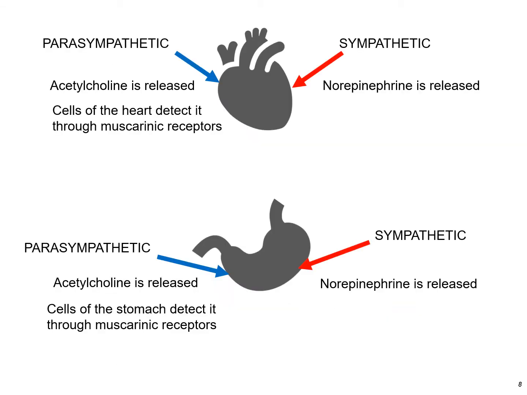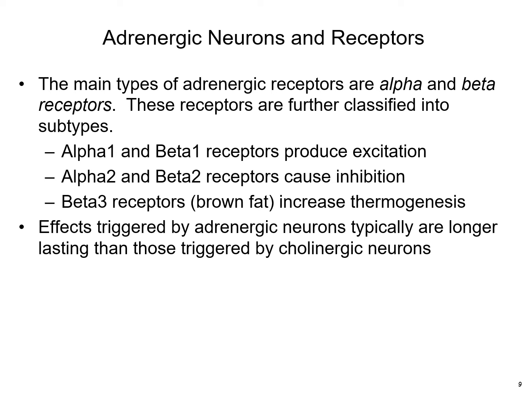So here's our starter situation. Yet again, no matter which organ it is, sympathetic nerve endings will be releasing norepinephrine when a nerve impulse is coming through here, whether it's a heart or a stomach. And here are the receptors. Some organs have alpha 1 and beta 1 types of receptors.